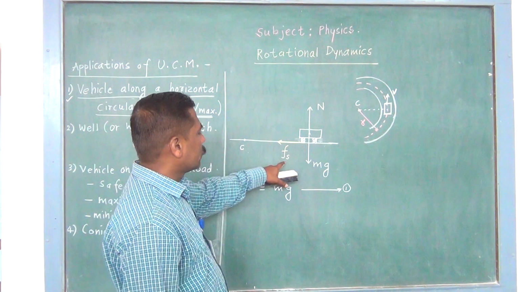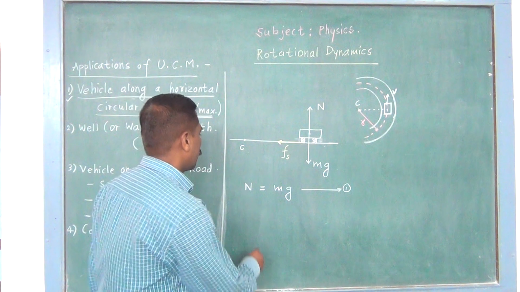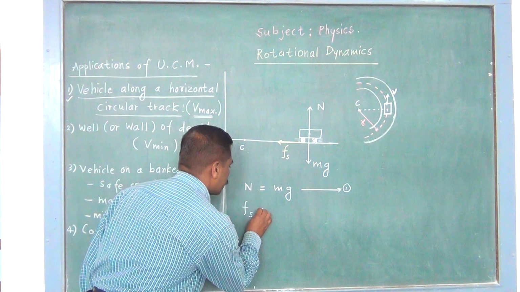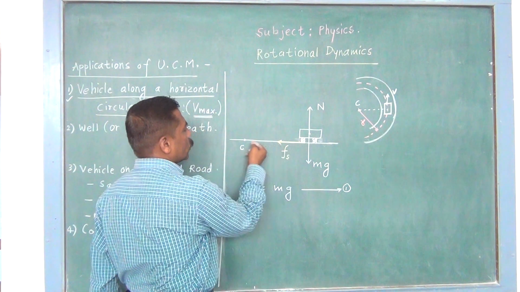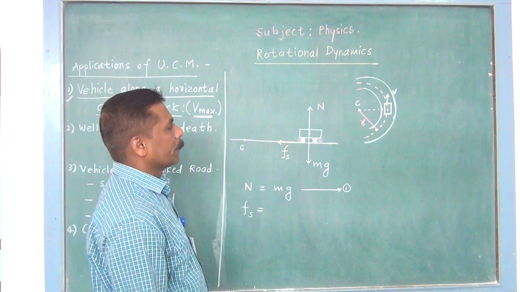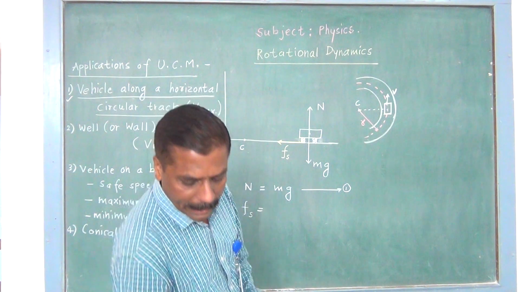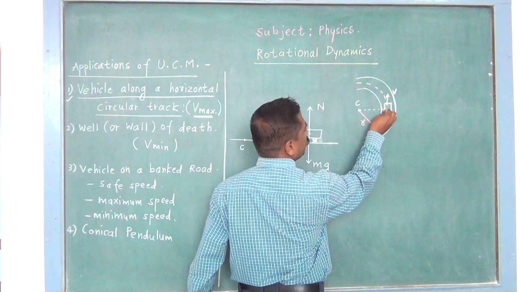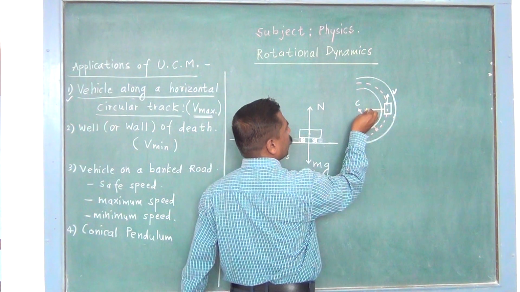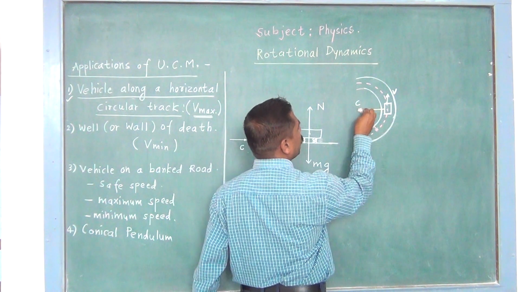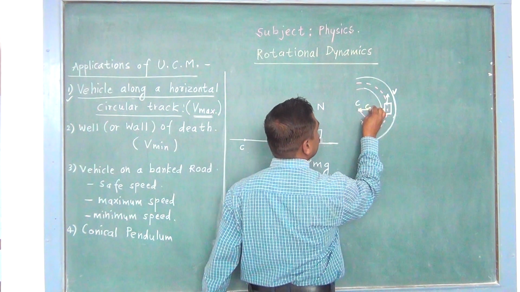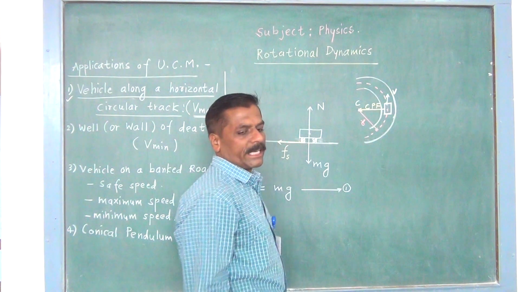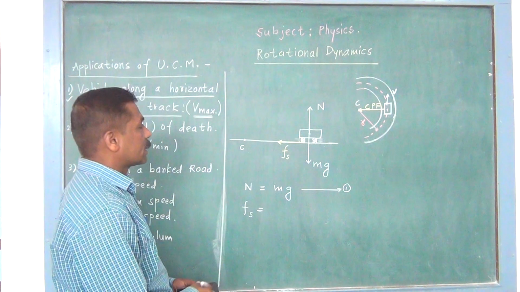Secondly, if you observe this static force of friction, it is along the radius towards the center. In the second diagram, you can easily find this force acting along the radius towards the center, and definitely this force is called the centripetal force.